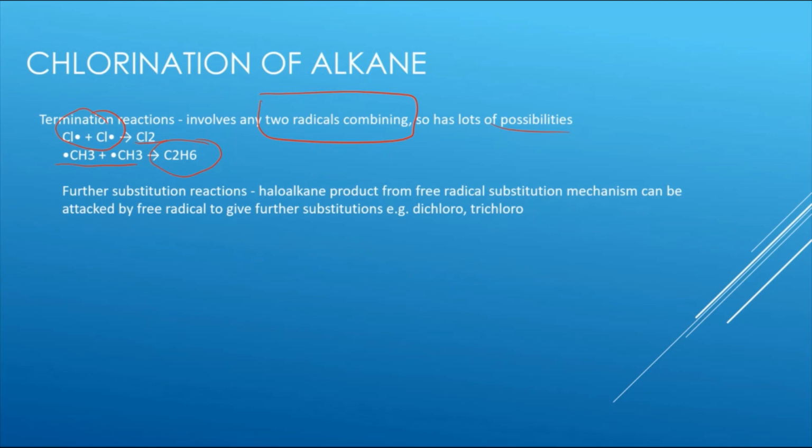And further substitution reactions can also occur, for example with the haloalkane product. In this case we formed CH3Cl. This can further react with other chlorine radicals, because we still have three hydrogens left, and the chlorine radicals are hydrogen stealers.